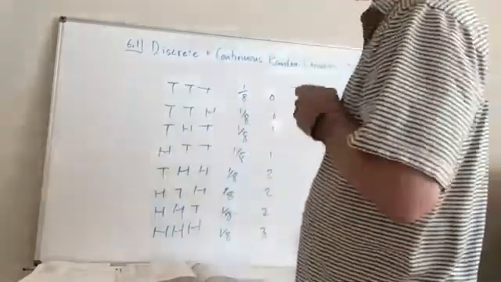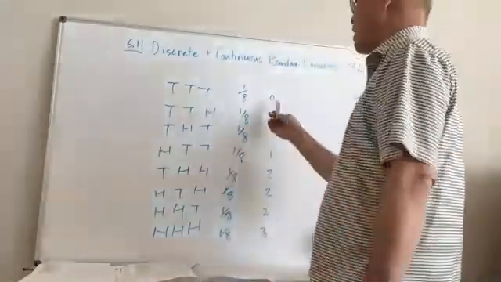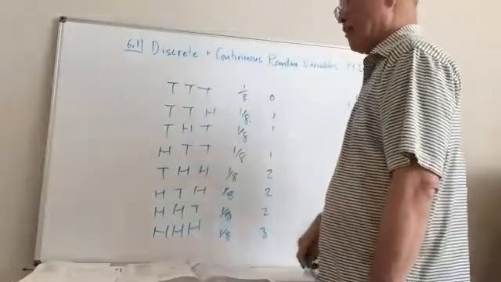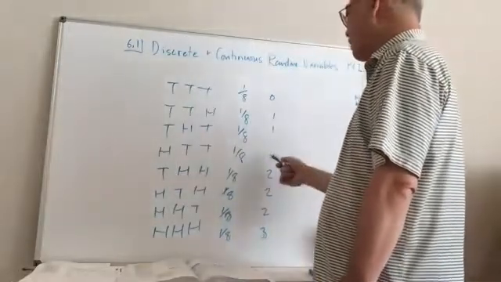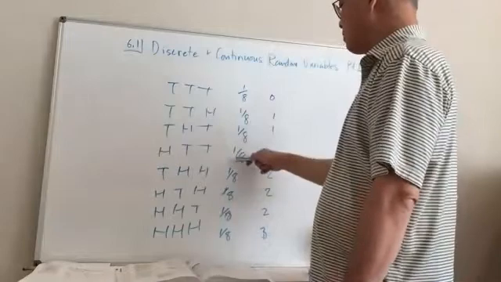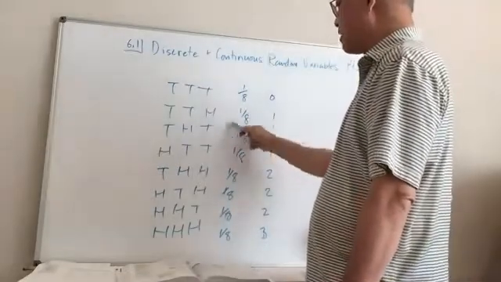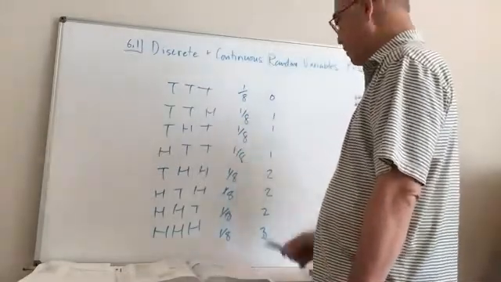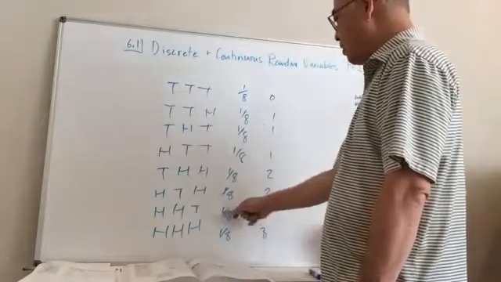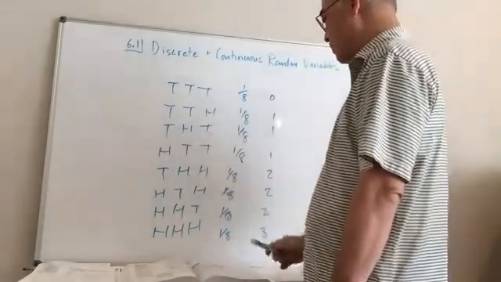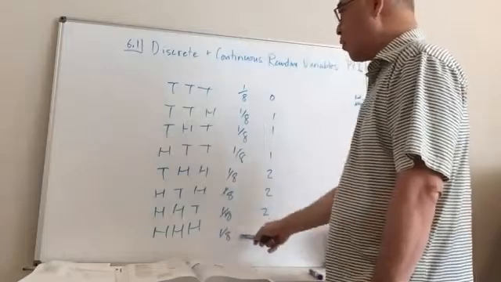So the chance that I'm going to get no heads is 1/8. The chance of 1 head is 3/8, because I have to add these 3. The chance of me getting 2 is 3/8. The chance of me getting 3 is 1/8.